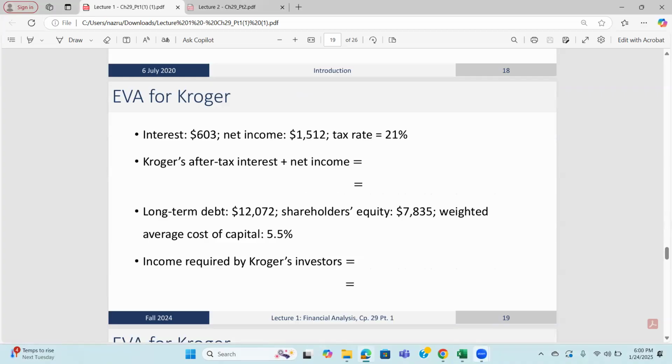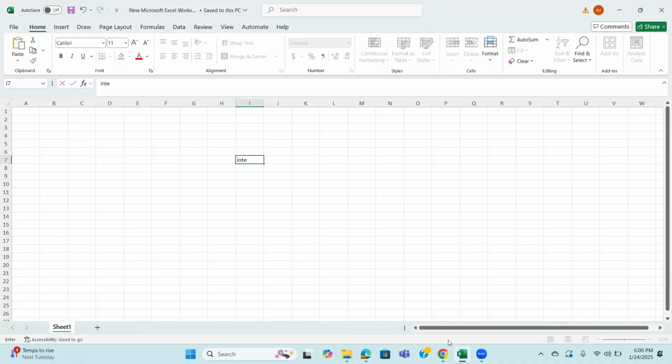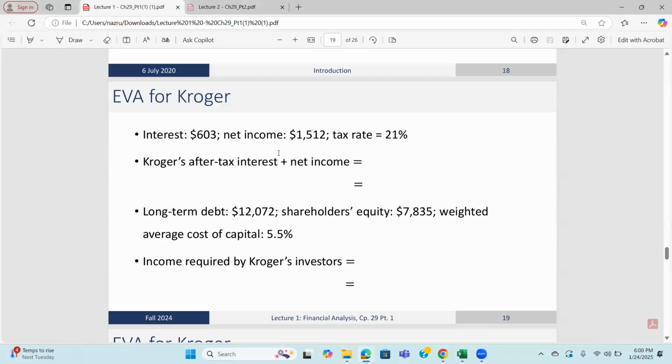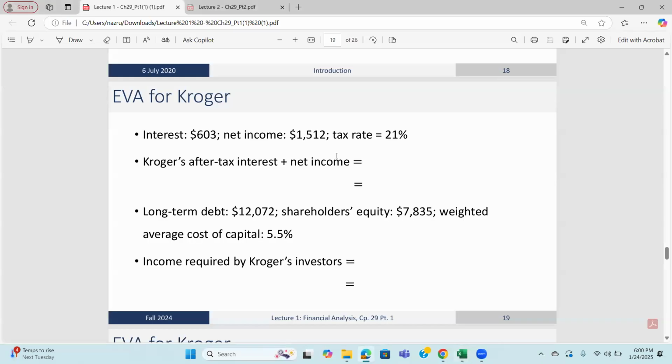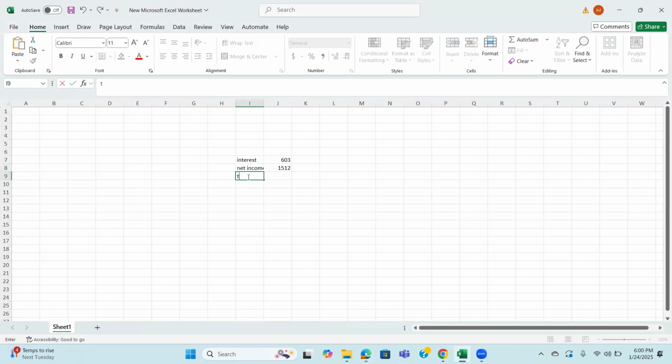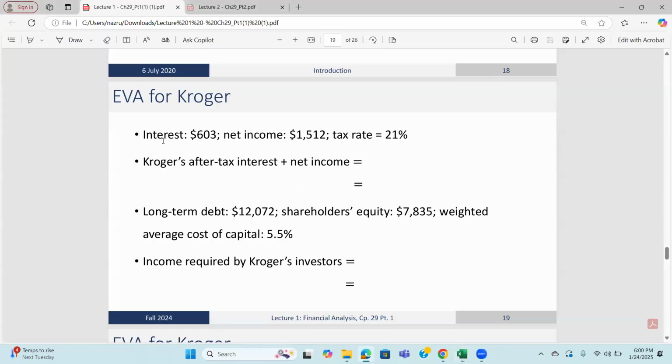So the interest, let's write it, interest 63, and the net income 1512, and the tax rate is 21%, so just write 0.21. So the question is Kruger's after tax interest plus net income is what?